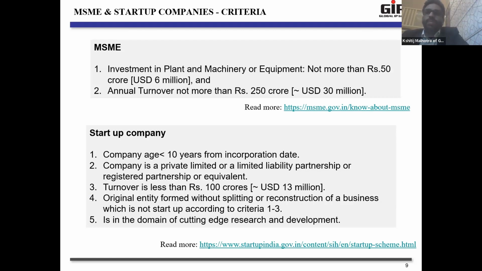With respect to MSME, the criteria of investment in plant and machinery, in case of a manufacturing driven company, or equipment in case of a service company, is that the investment should not be more than US $6 million.